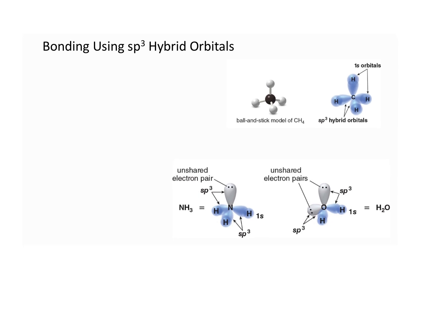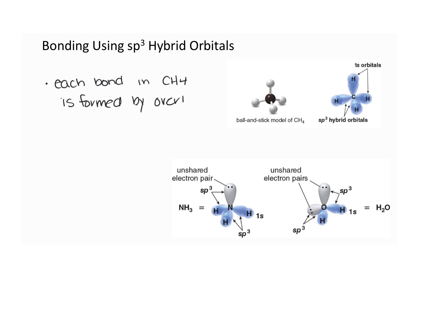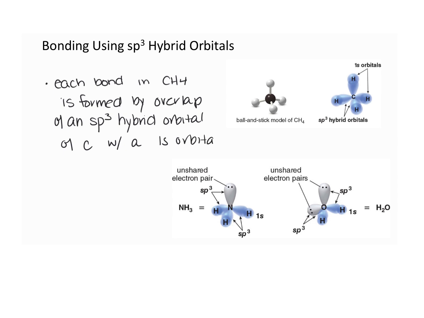When we look at methane, each bond in methane is formed by overlap of an sp3 hybrid orbital of carbon with a 1s orbital of hydrogen.